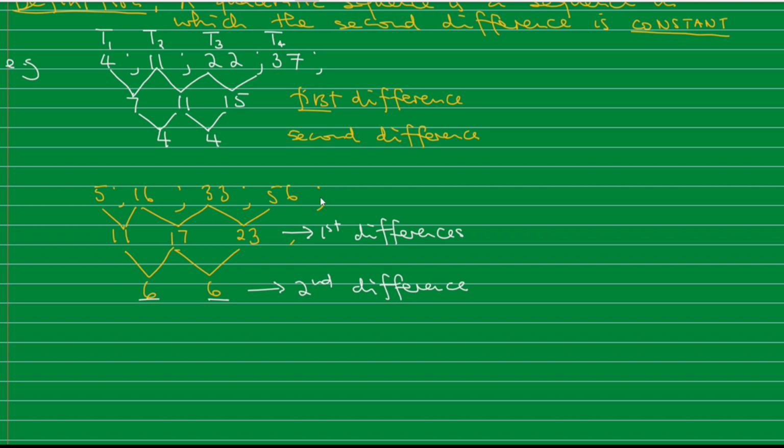Different from an arithmetic sequence, it's not very obvious to write the list of numbers that will come in here, which we call terms. So you have to follow a specific way of calculating how you can find the terms in our quadratic sequence. That's the definition of a quadratic sequence.